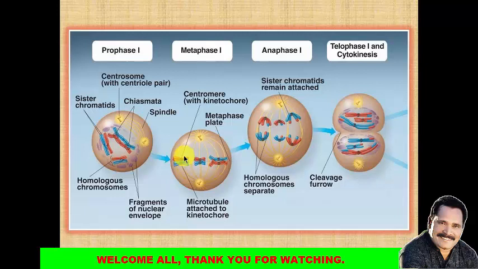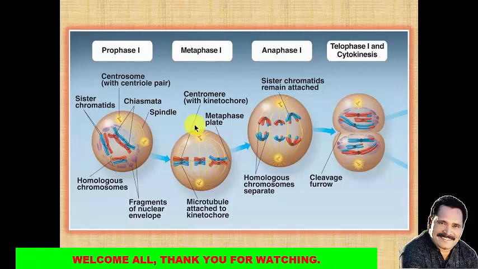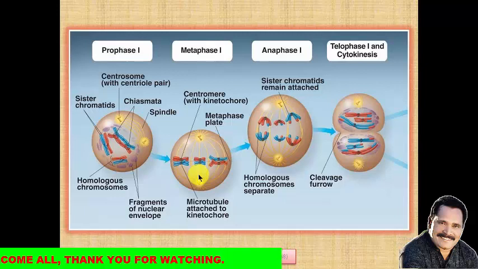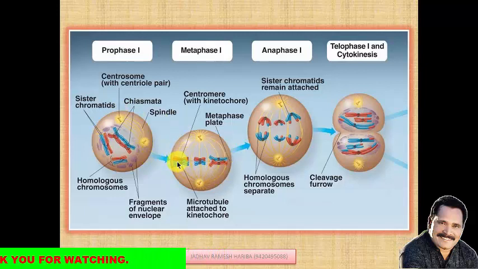The centromere is attached to the spindle fibers from the opposite poles. These spindle fibers are special types of protein fibers, and the chromosomal material gets arranged parallel to the equatorial plane or the central plane.